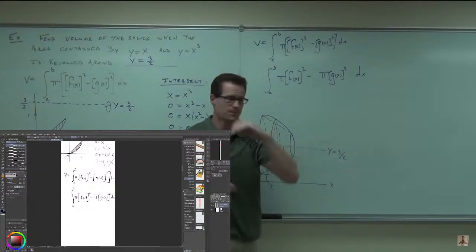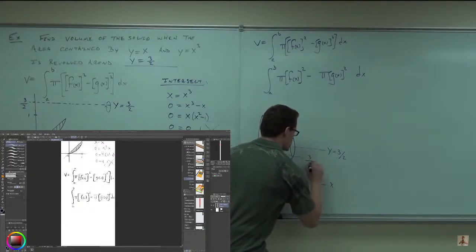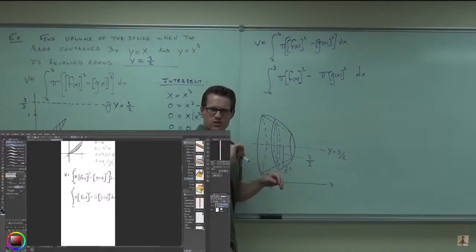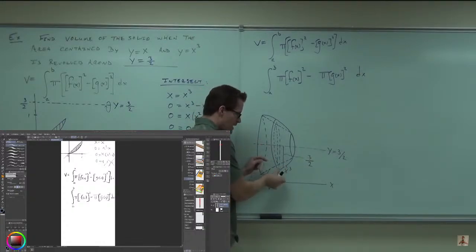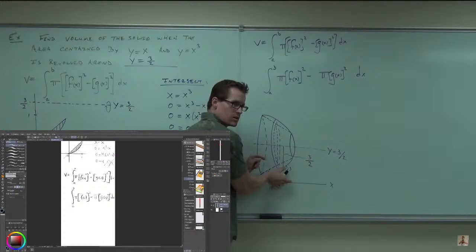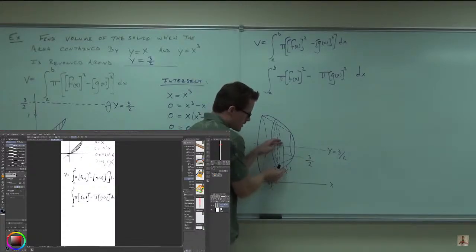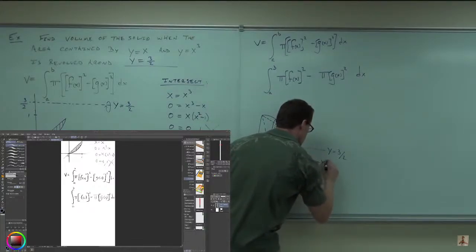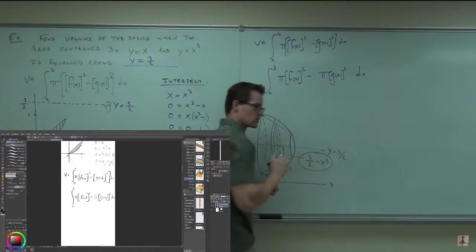Because 3/2 is a little bit higher. Have to start with the 3/2, because that's here, and then you said minus what? x cubed. Would you agree that at any point the height of this function is x cubed? Therefore, at any point, the distance between here and here is 3/2, our constant, minus x cubed. And that's exactly right.